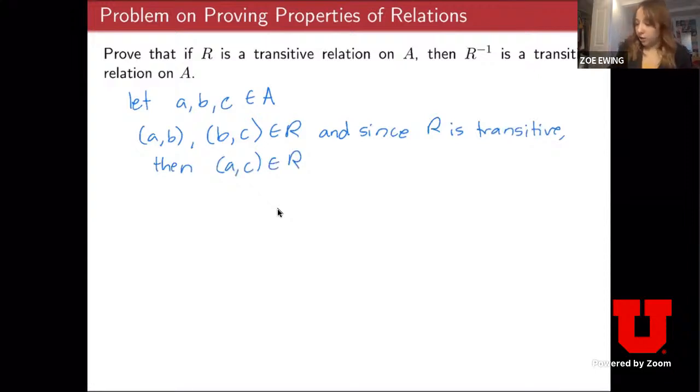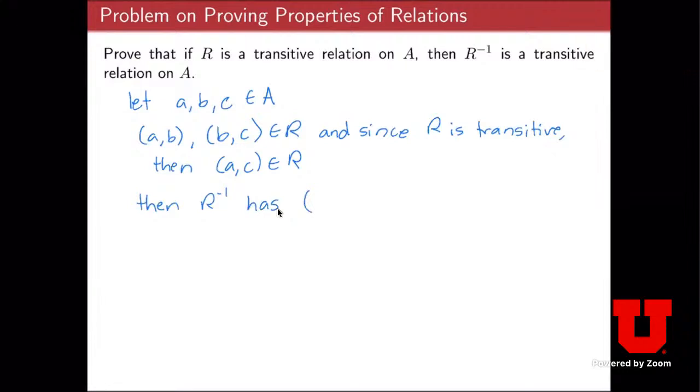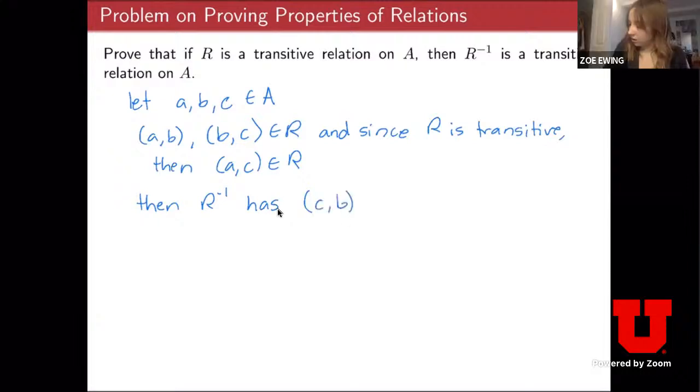All right, so then the inverse of R has what elements? (c, b) and (b, a).